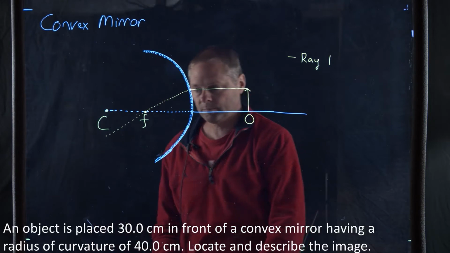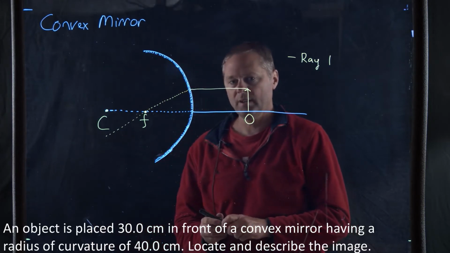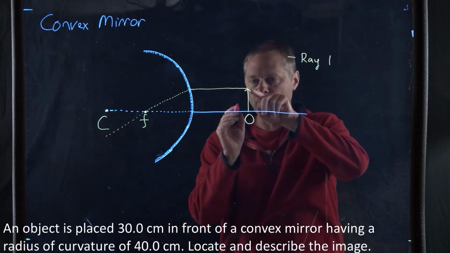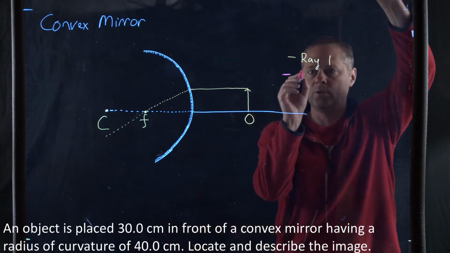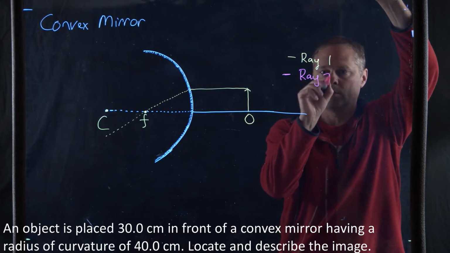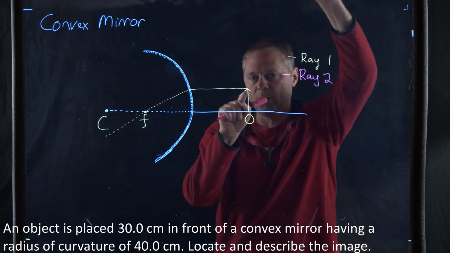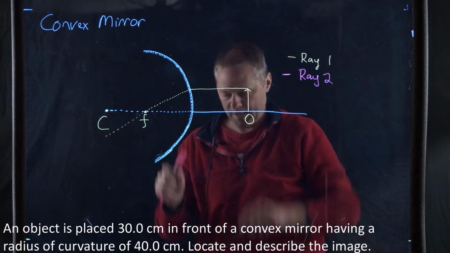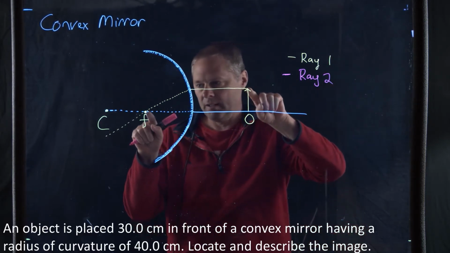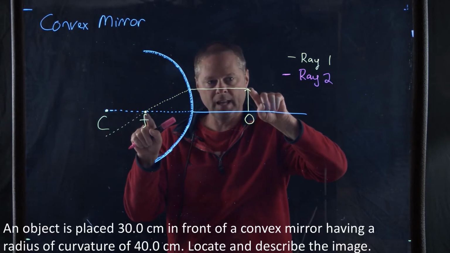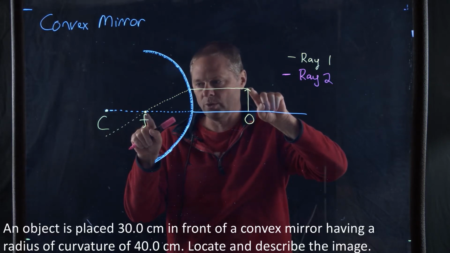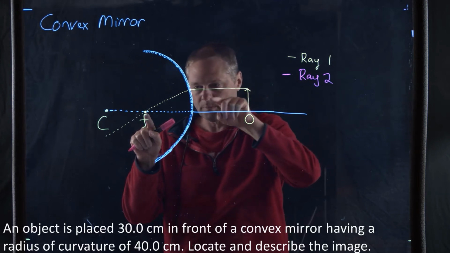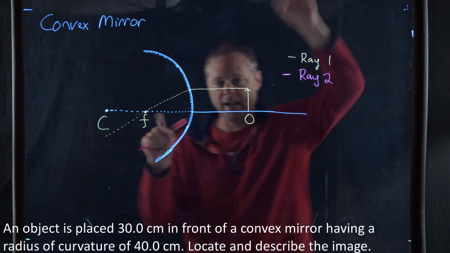Now, the next one is going to be ray 2. It is going to go from the object, and it has to be angled such that it's directed towards the focal point. And then it's going to go parallel to the principal axis.